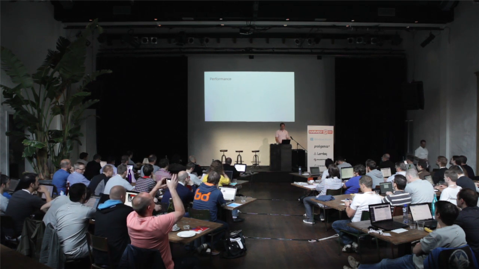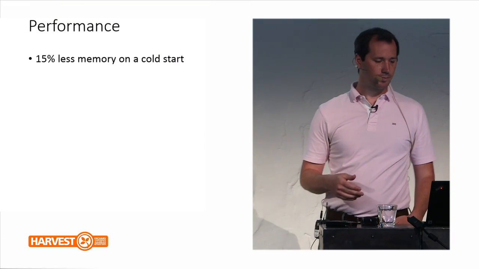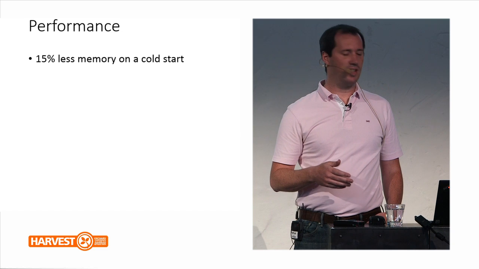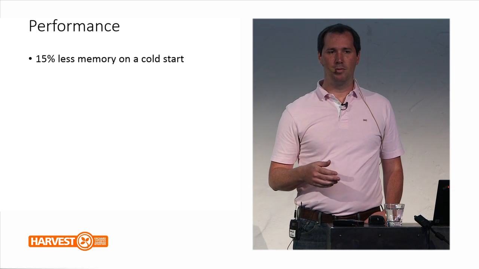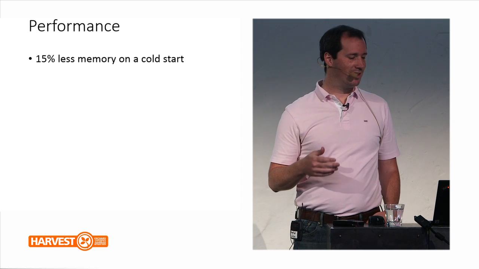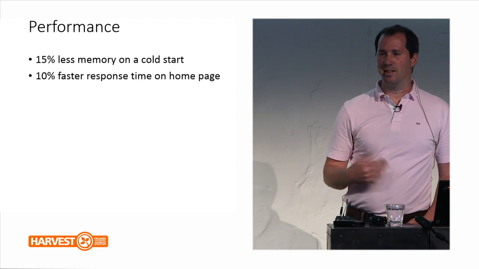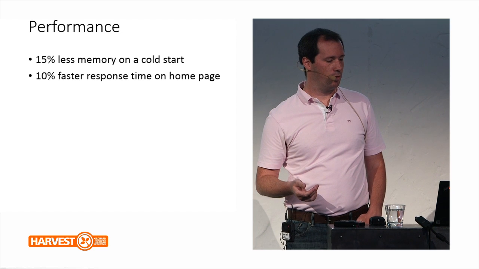First, performance. So if I take a new vanilla application in 1.7, first thing you will notice is that it takes less memory. On a vanilla or chart setup, it takes 15% less. And in terms of speed, you get 10% faster response.